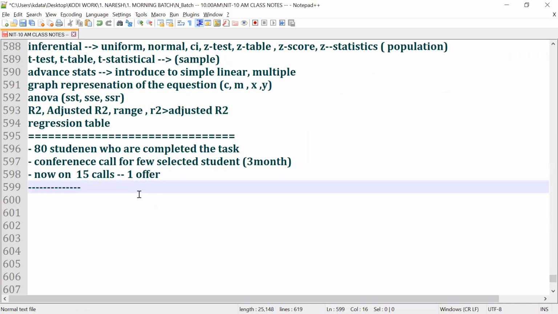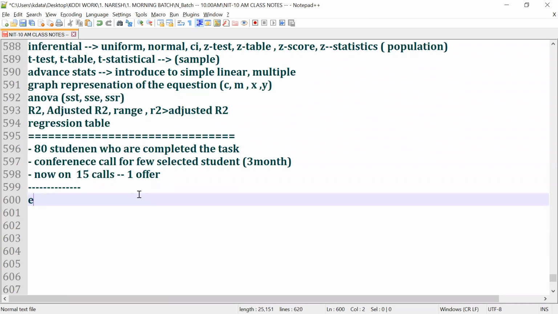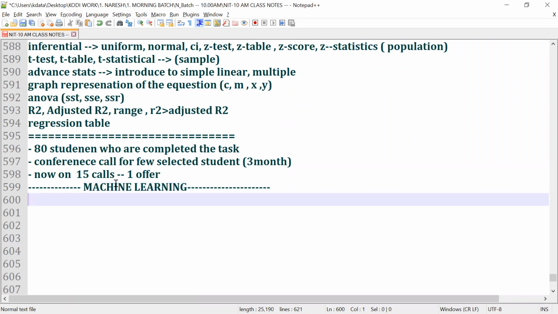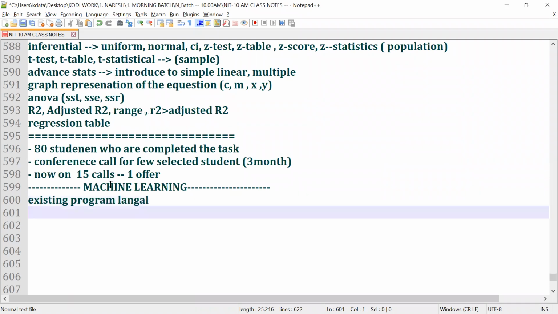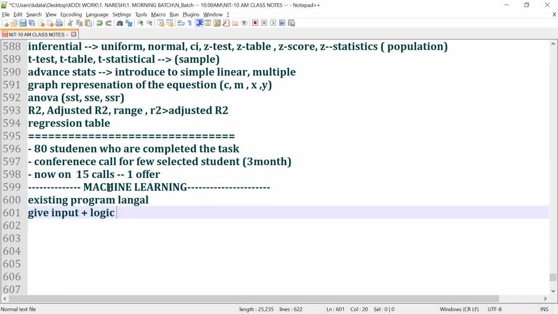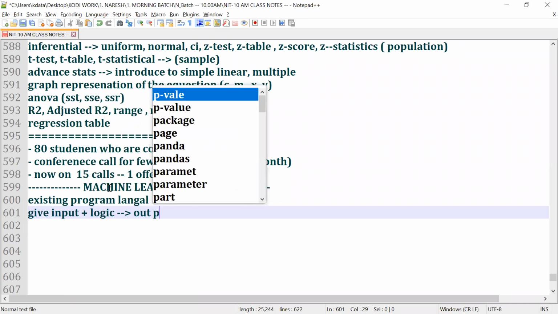In existing programming languages, what happens? You feed, meaning you give input plus write a logic. Then output is generated.